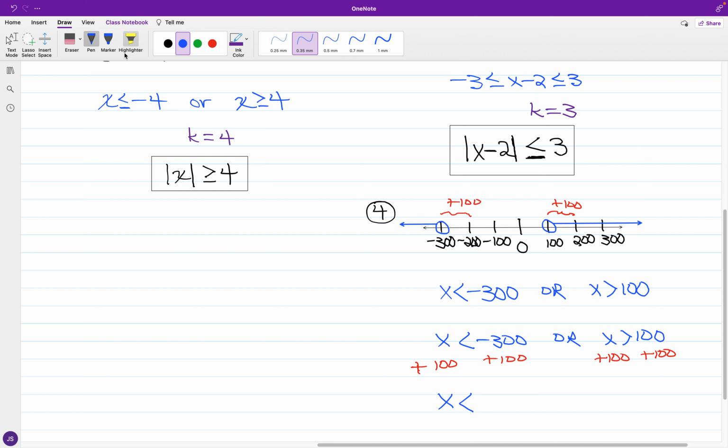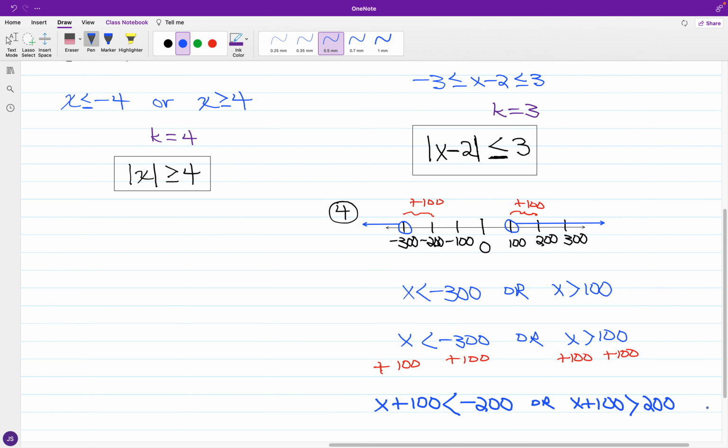On the left, you've got x plus 100 is less than negative 300 plus 100, which is negative 200. And to the right, I have x plus 100 is greater than positive 200.